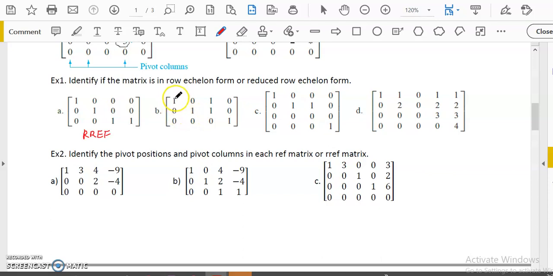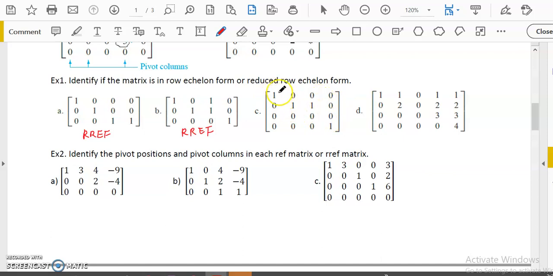This is the non-zero entry, so we have all 0 below it. This is a non-zero entry, we have 0 above and below it. And this is also a non-zero entry with 0 above and below it. So this is our REF, right? This is just a matrix, so you don't have to worry about what equation it is doing.